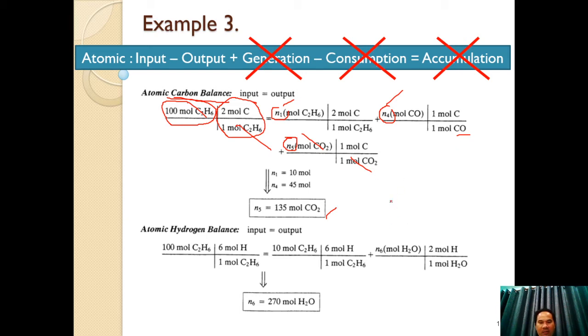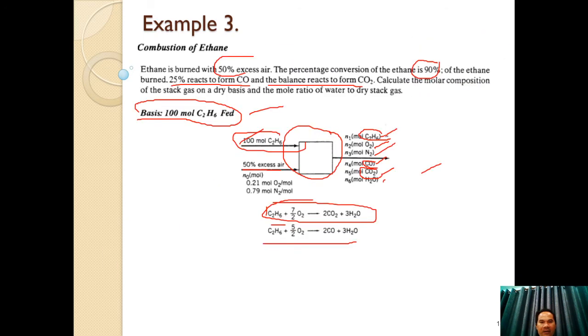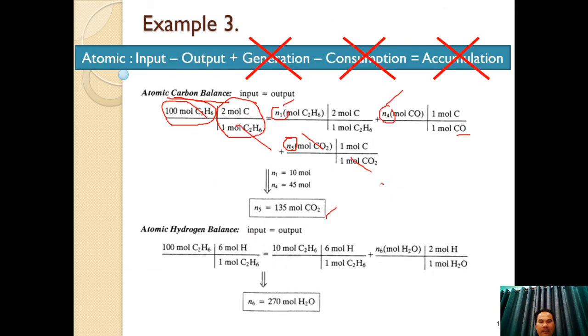And the next step, you balance based on hydrogen. How about hydrogen input and output? Hydrogen input in ethane, only one. Output in ethane and in water, we have two output terms, one input term and two output terms. Input based on ethane, 1 mole ethane. That's right. This 1 mole ethane includes 6 mole atomic hydrogen.